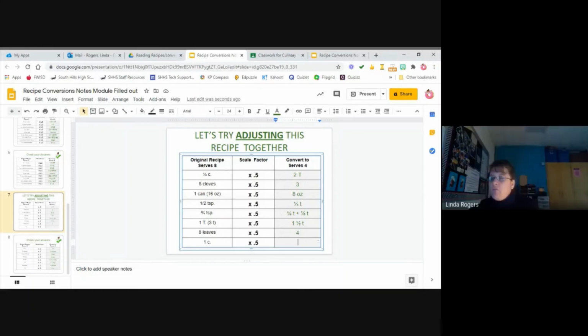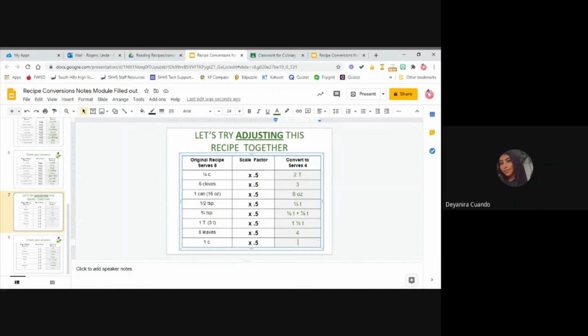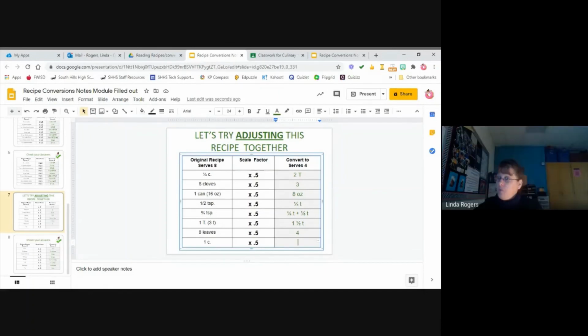Okay. What's half of 1 cup? So Denaria, what's half of 1 cup? 8 tablespoons. It would be 8 tablespoons. What's another measurement? What's an easier measurement for it?